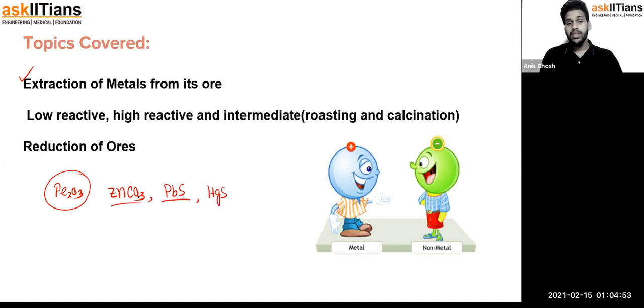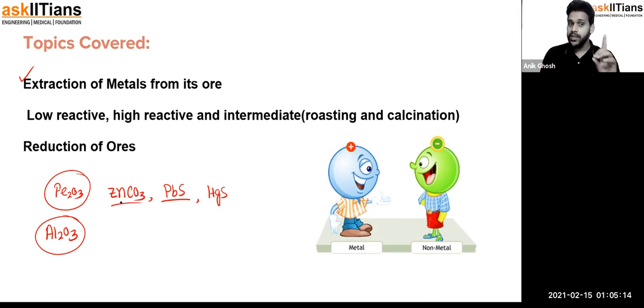Bauxite is another oxide ore. So there are many ores in different forms: oxides, carbonates or sulfides, right?